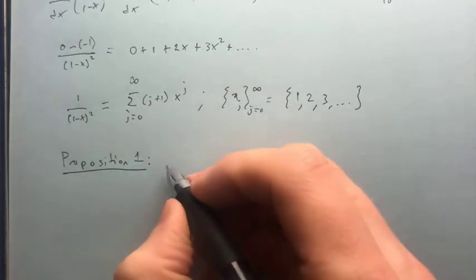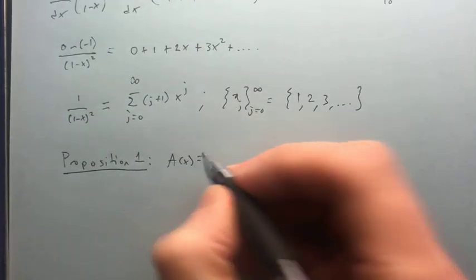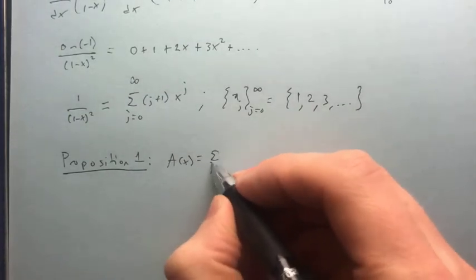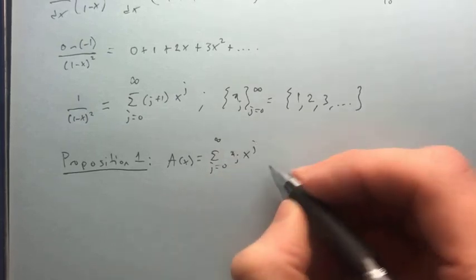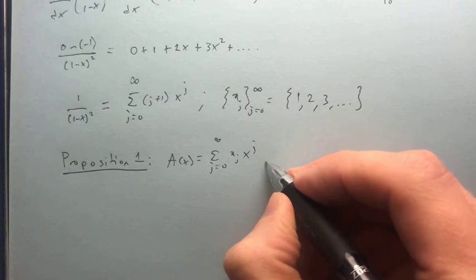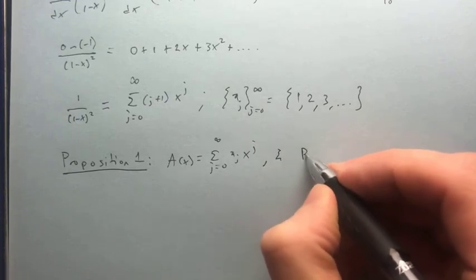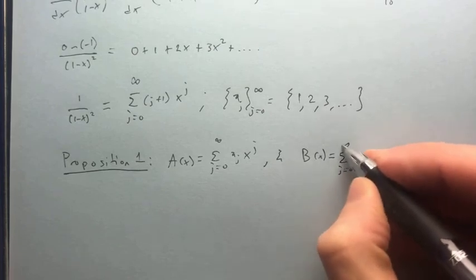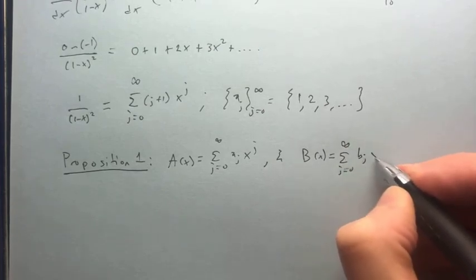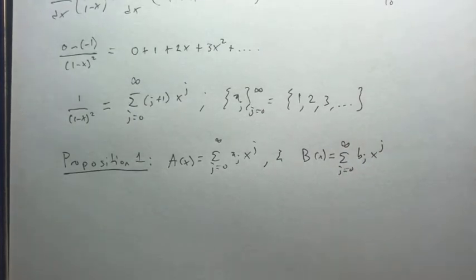So let's let a of x be the sum as j goes from 0 to infinity of little a_j x to the j, and we're going to let b of x be the sum as j goes from 0 to infinity of little b_j x to the j.